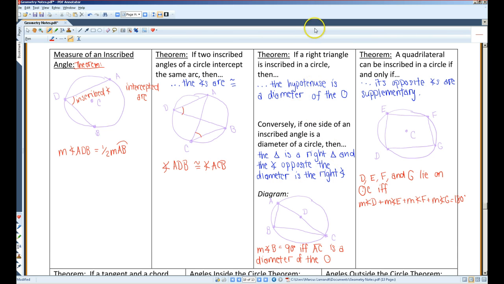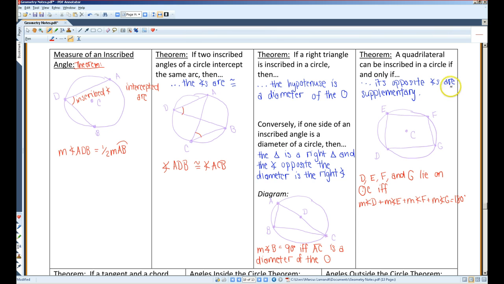By the way, when I say the triangle is inscribed in the circle, an inscribed polygon has all of its vertices on the circumference of the circle. So if this triangle is inscribed in the circle, all three of the vertices lie on the circle. This basically says that in order for this angle to be 90 degrees, AC has to be a diameter. Also, if AC is a diameter, then angle B has to be 90 degrees.